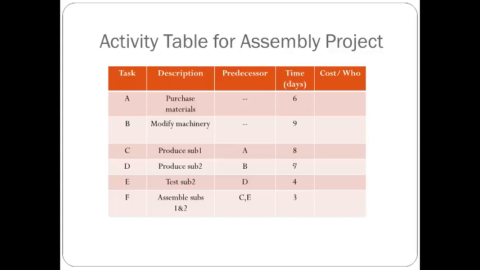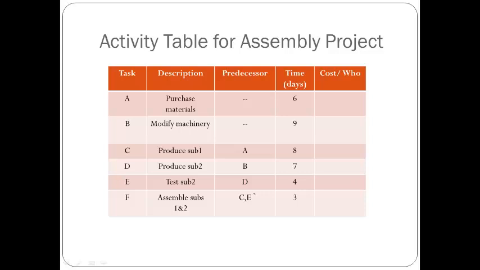So after we finish C and D, we look at E here, okay? E's predecessor is D. So that means we go after this one. E's predecessor is D and it has 4 days.